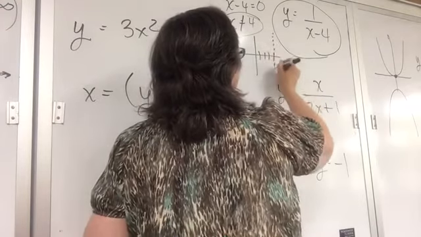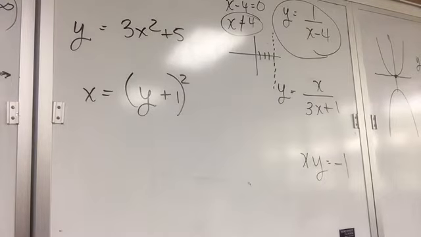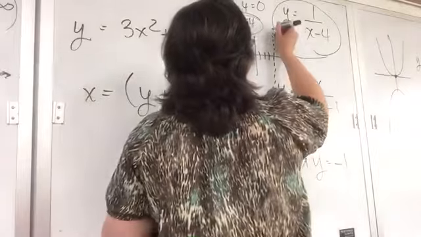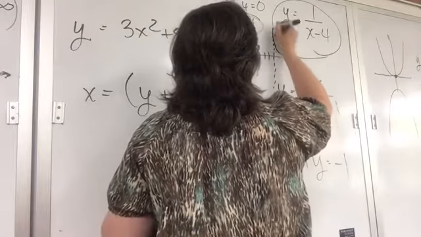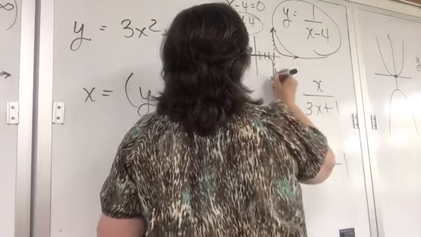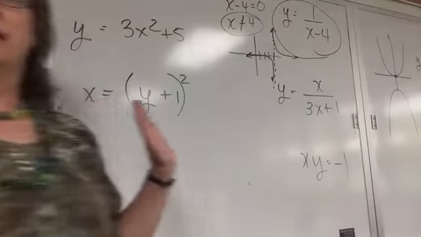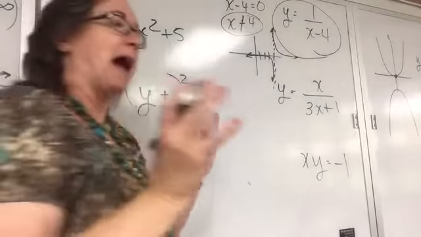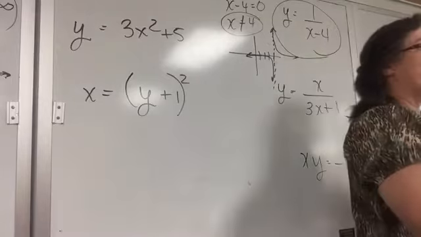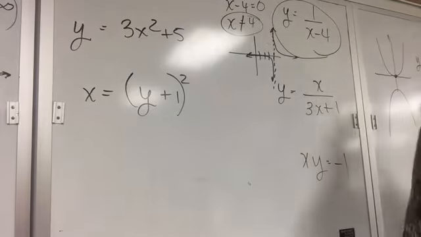There's my asymptote. And then guess what's going to happen? It's going to look exactly like this on both sides of that line. So all it does is take the same thing and slide it over. That's all it does. So the shape of the graph is the same. The domain will change by a sliding.